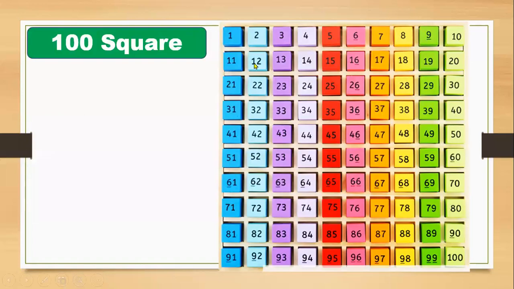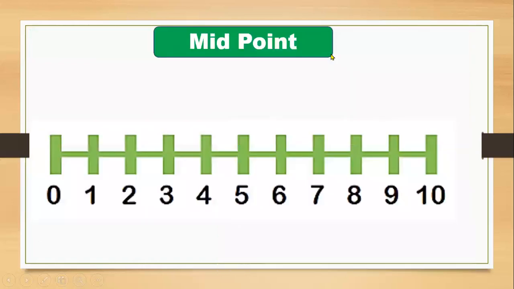I have these numbers from 1 to 10. What is the middle number? 5. What is the middle number from 11 to 20? Here is 11, 12, 13, 14, and 15. So 15 will be the middle number. This is the number 5 and this is the middle number.